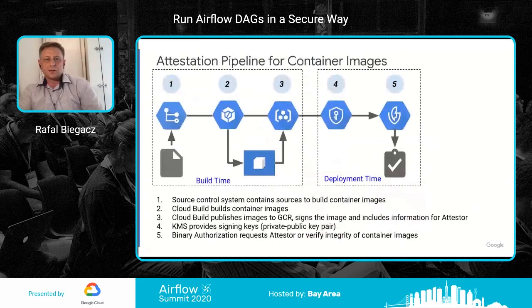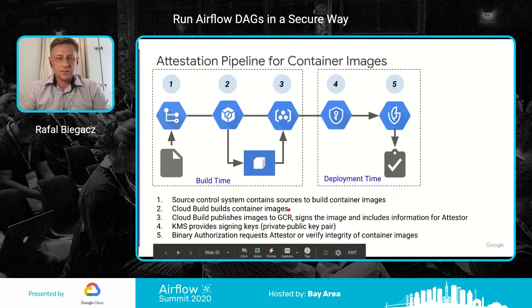So, such an attestation pipeline for container images could work like this. We are starting from the left. Under point 1, we have a source control system that contains sources that allow us to build container images. Then we have a Cloud Build that pulls the sources and starts building the container images.